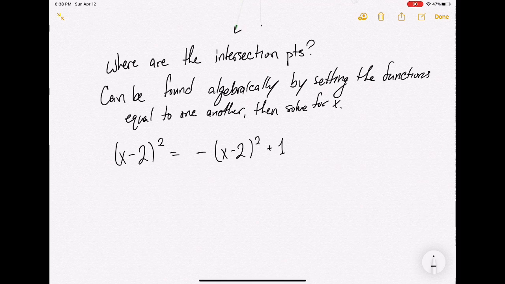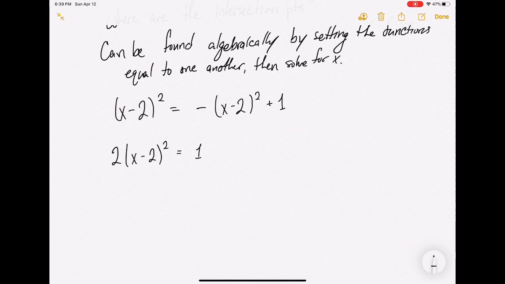And as always with these, you always want to bring everything with an x to one side and everything without an x to another side. In this case, it'll turn out to be a quadratic, so we're going to do something slightly different. But the first step is the same, right? So there's this one term, this x minus 2 squared on both sides. I'm just going to bring them to the same side. And since there are two of them, I end up with 2 equals 1.